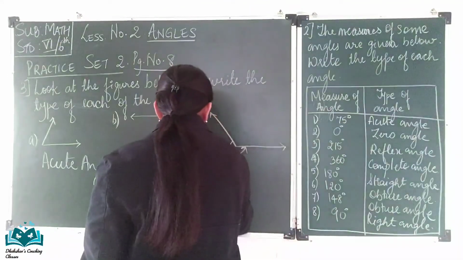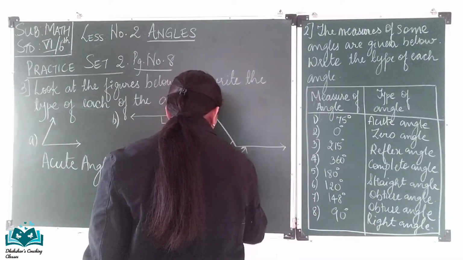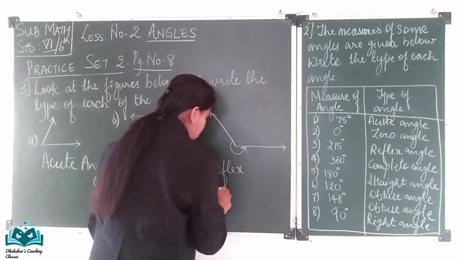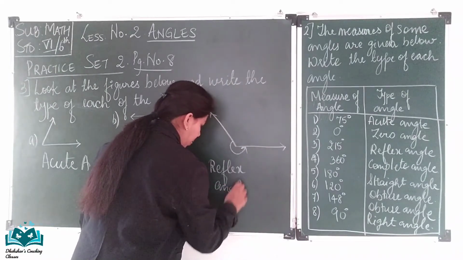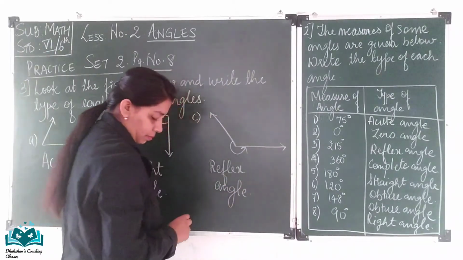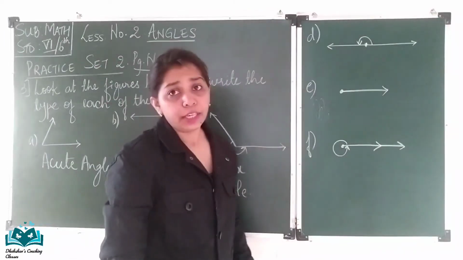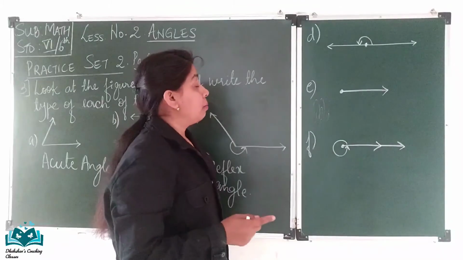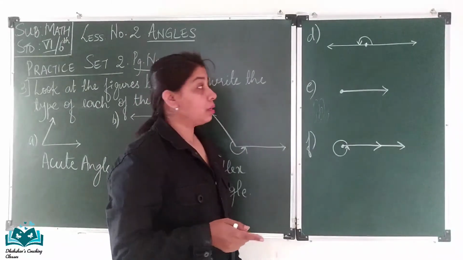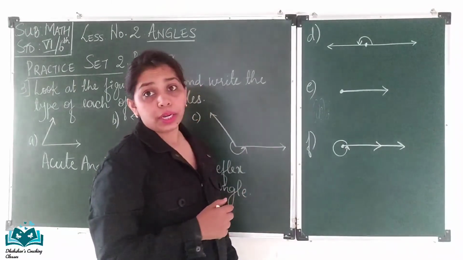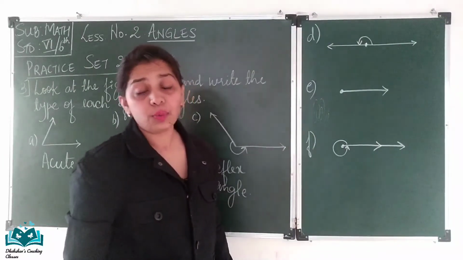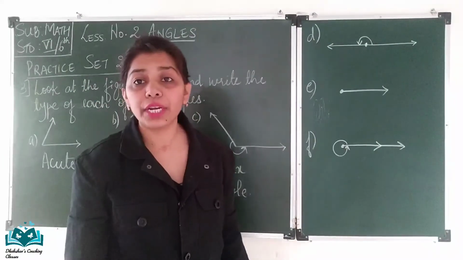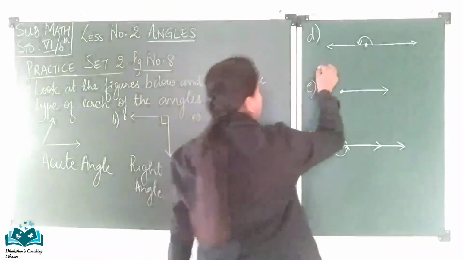The third one is your reflex angle. Figure D shows a straight line, but the arrow is pointing in the backward direction, so the angle will be your straight angle.